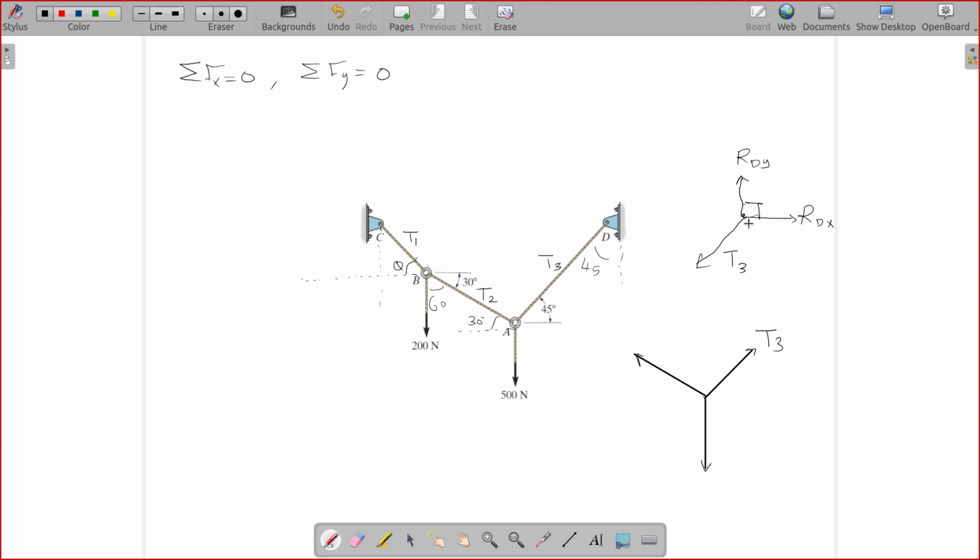So for junction D, T3 is pulling the junction away, and for A also the same thing happens. T3 is trying to pull it away from the center.